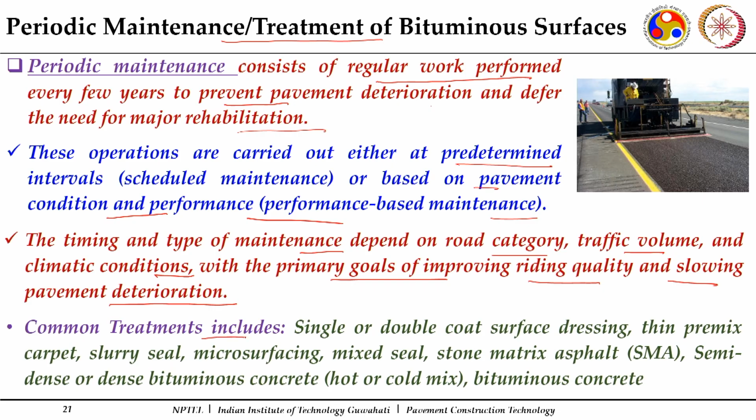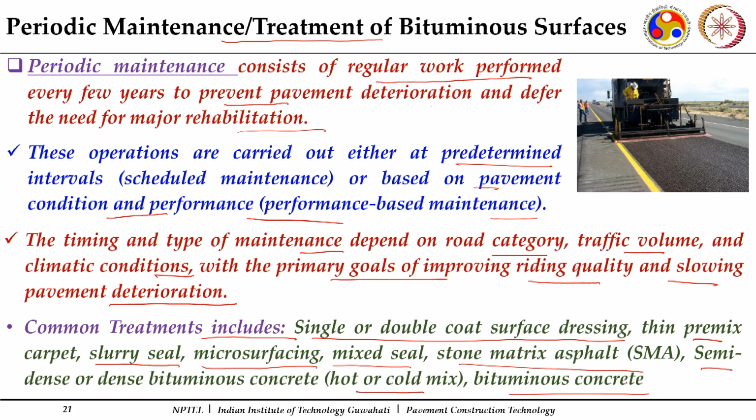What are the common treatments included under these periodic maintenance activities or periodic renewals? It can be a single or double coat surface dressing, a thin premix carpet, one or two coats of slurry seal, micro surfacing, more than one application of micro surfacing, mixed seal, stone matrix asphalt, semi-dense or dense bituminous concrete, hot or cold mix.